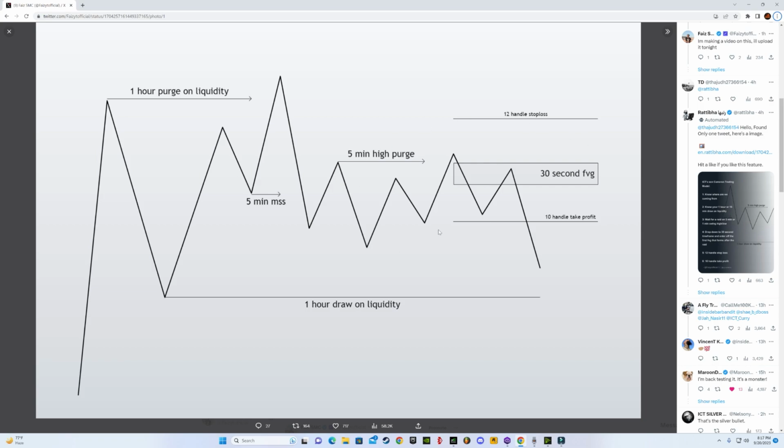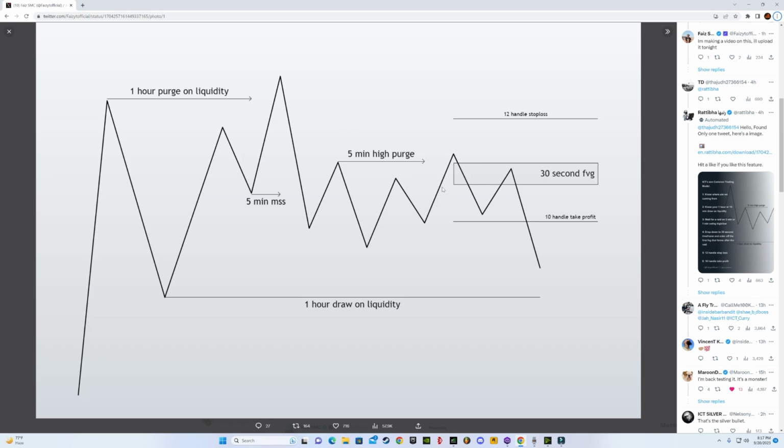So once you wait for market structure shift, then wait for price to create some form of liquidity on the 5-minute time frame. A swing high is the best way to go. Once price creates a swing high on the 5-minute time frame after market structure shift, after we know that the order flow has switched into a bearish order flow because we confirmed our bias by using the external and internal liquidity method, go watch that video right now if you don't have any knowledge about that.